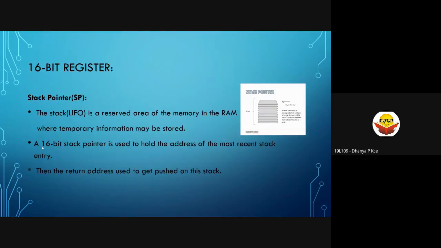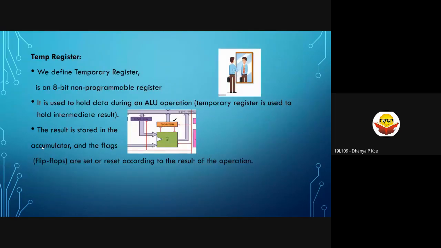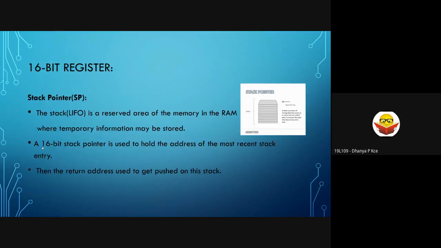Next, 16-bit. Up to now, except register pairs, we haven't seen any 16-bit register. But this is the first one we are going to see under 16-bit registers: the stack pointer, LIFO. What does LIFO mean? We had already studied it in data structures. Yes, they are typing last in first out, Danya.